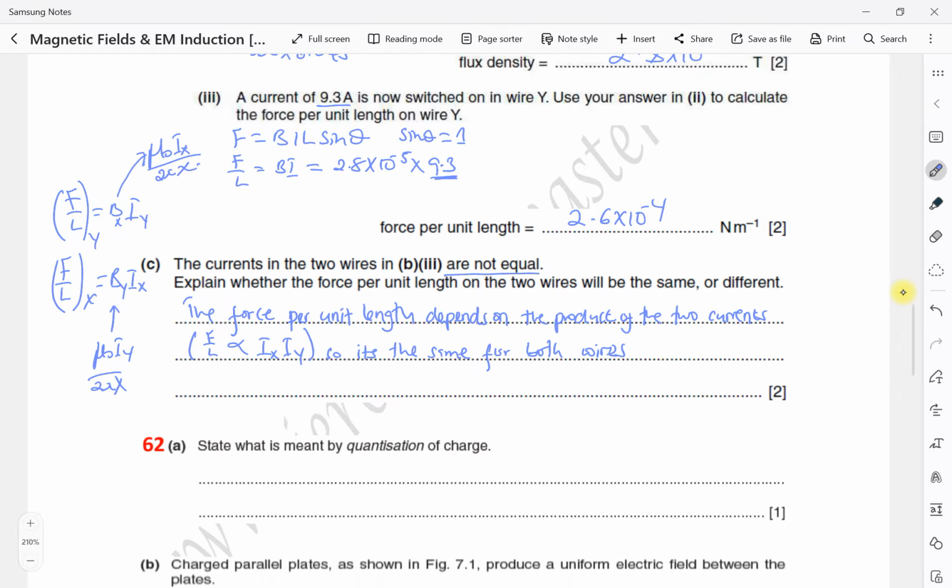Or you could explain this by Newton's third law: the forces per unit length are the same in magnitude but in opposite directions.